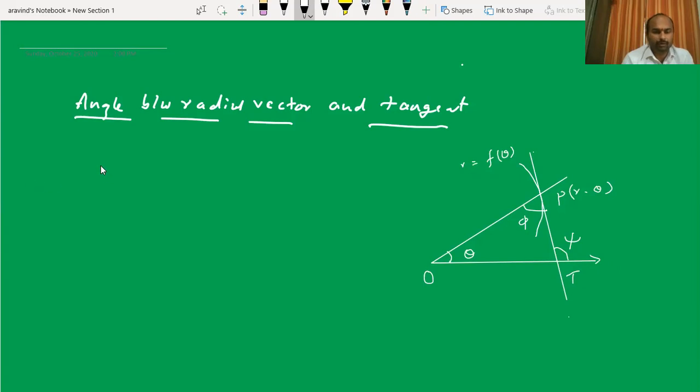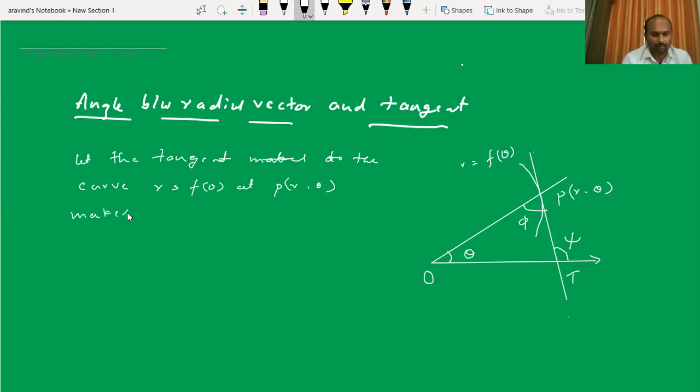So we call this PT the tangent. So let the tangent to the curve r is equal to f of theta at P of r comma theta make an angle psi with the initial line.